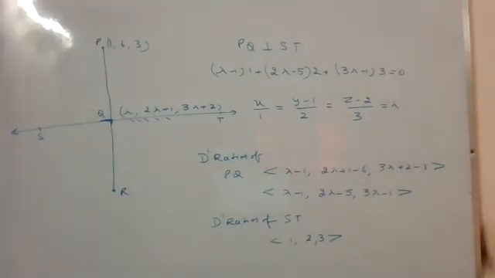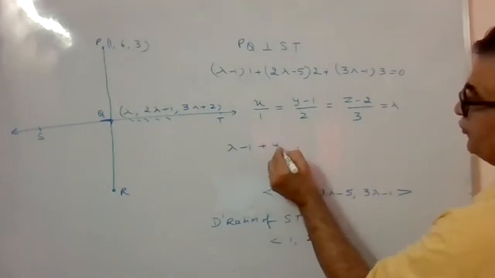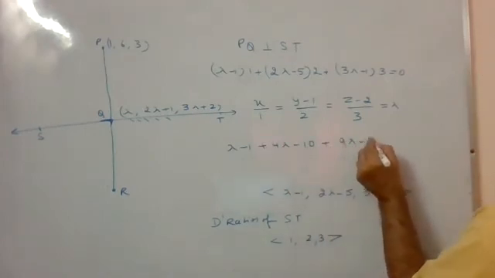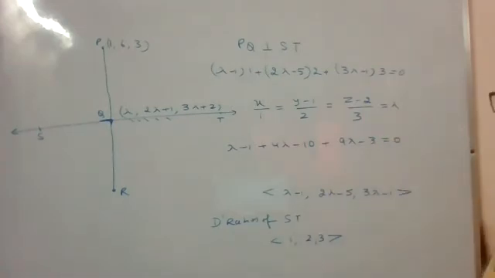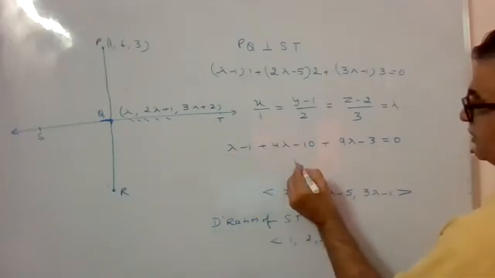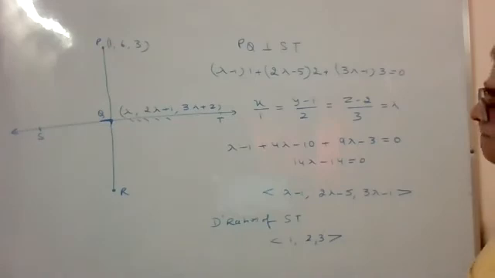Now when you solve it, this condition gives lambda minus 1 plus 4 lambda minus 10 plus 9 lambda minus 3 comes out to be 0. 9 and 4 is 13, and 1 is 14, and this is also 14, so it comes to 0.